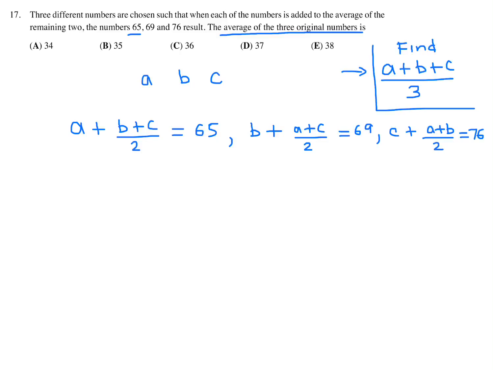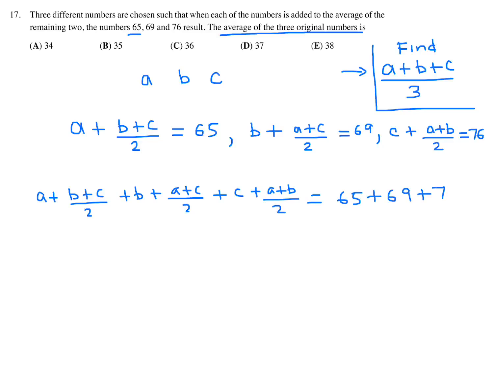So how do we find that? Well, there's many ways you can isolate variables. But I looked at this and I said, well, just add them all up. Add everything together. A plus B plus C over 2, B plus A plus C over 2, and C plus A plus B over 2. And therefore, the right side would be 65 plus 69 plus 76.